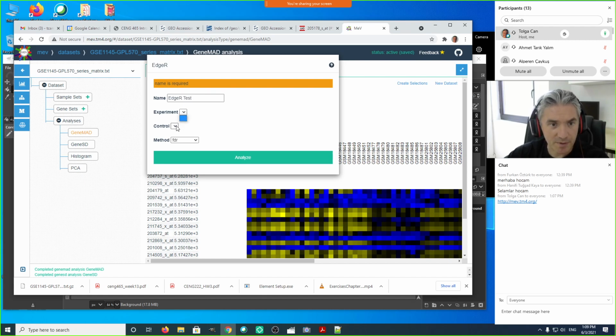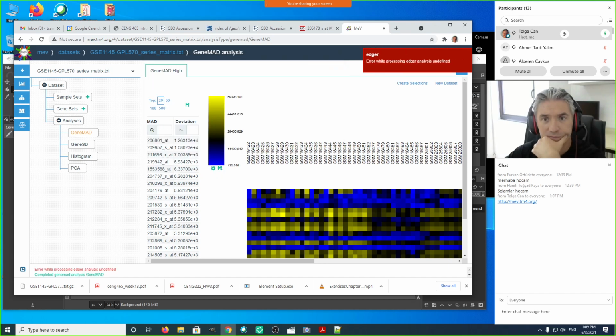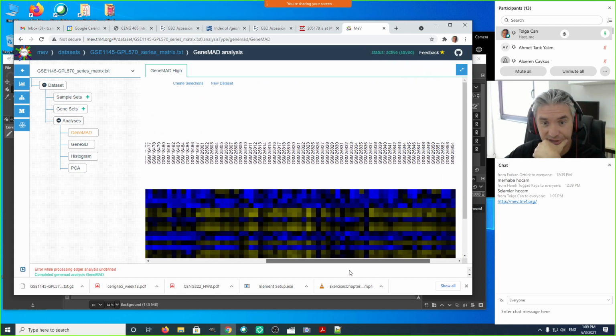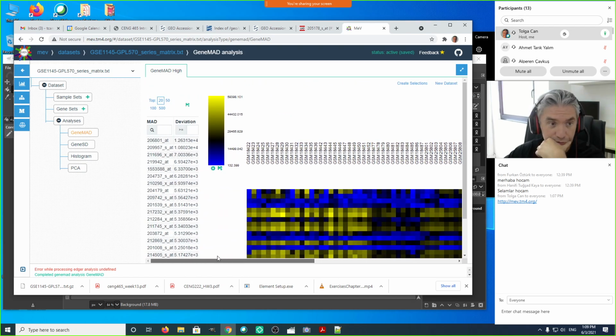What is this experiment that I cannot select? I think that while processing the EdgeR analysis, I first need to group these samples into sample sets in order to perform EdgeR. So you just need to read the manual on how to conduct this analysis.